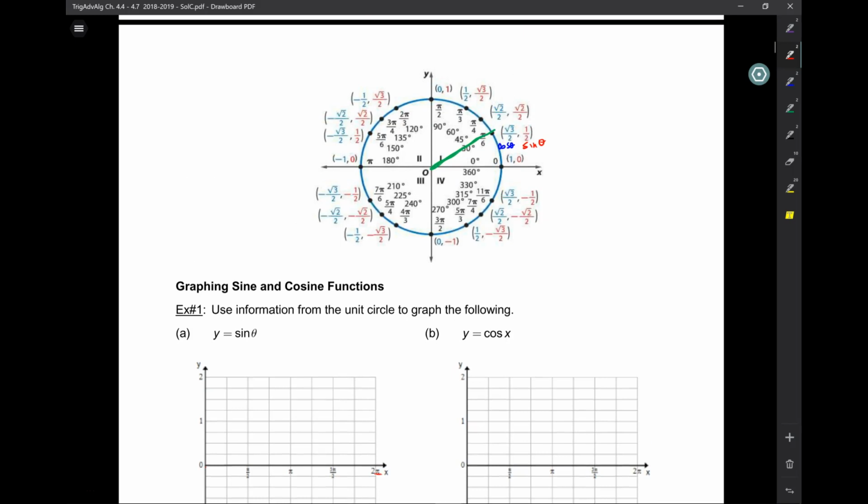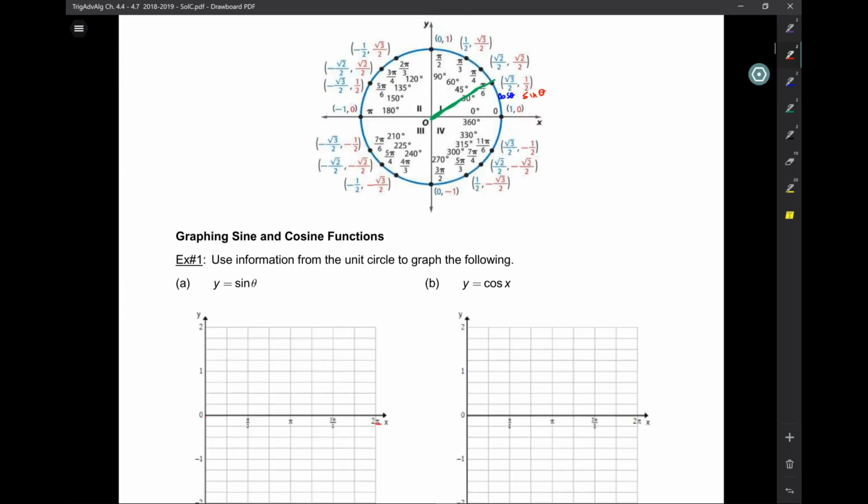If you go around it one time, you start at 0 and end at 2 pi. If you only go halfway, you're at pi, and halfway here, that's a pi. In the middle, we've got pi over 2, and then we've got 3 pi over 2. So do you notice how going along this x-axis is the same as going around the unit circle one time? 0, pi over 2, pi, 3 pi over 2, and 2 pi. Okay? So now here's what we're going to do.